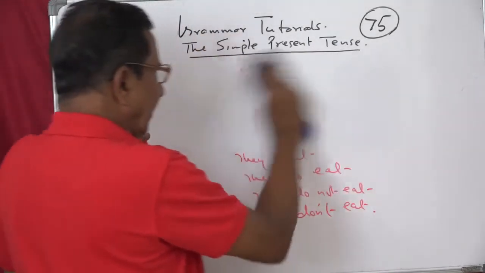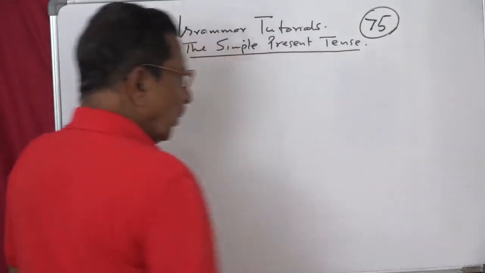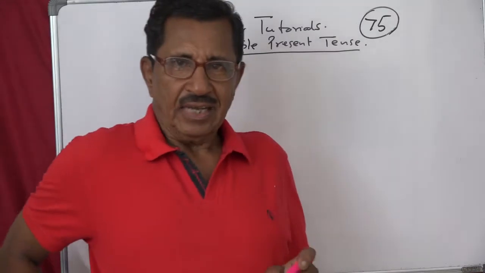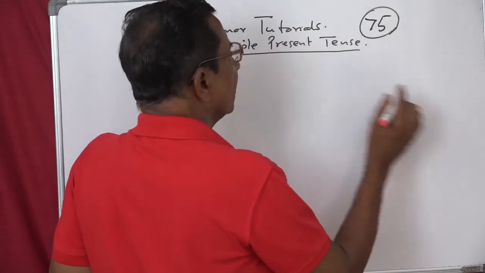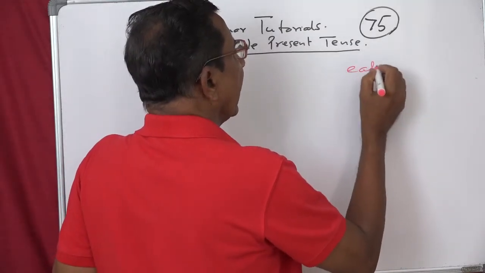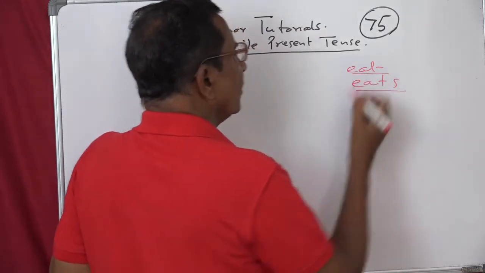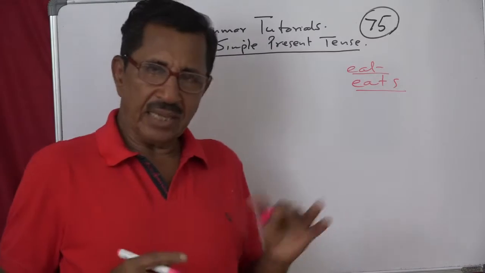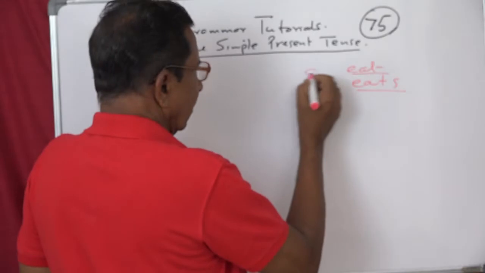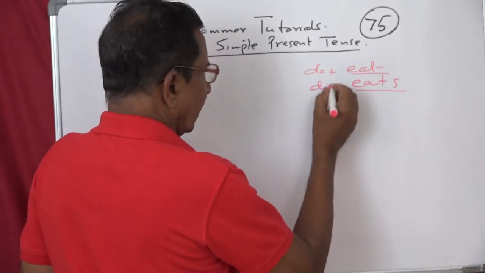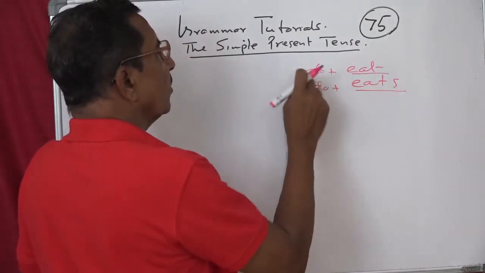Step by step, if you remember, there are two forms in the simple present. All the English verbs have only two forms. One is the form without S, the other is with S. To make the negative of both, you have to insert do. When you insert do, it will be do plus. Here also do plus. Here we have no tense marker, so no problem.